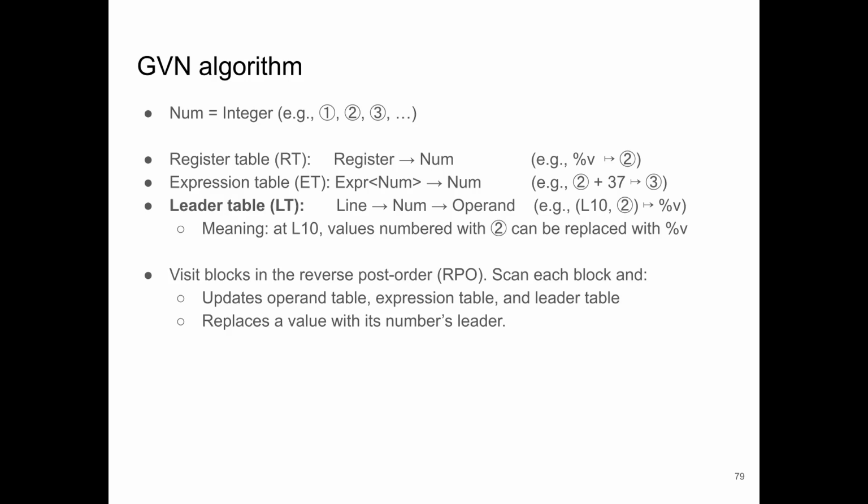They are integers, but we are going to notate them with circled numbers. So circled 1 is the number 1, circled 2 is number 2, and circled 3 is number 3.